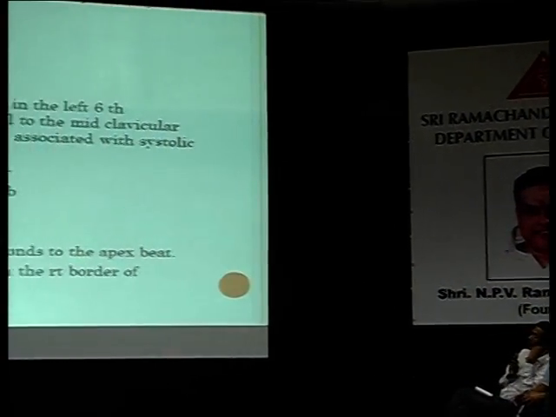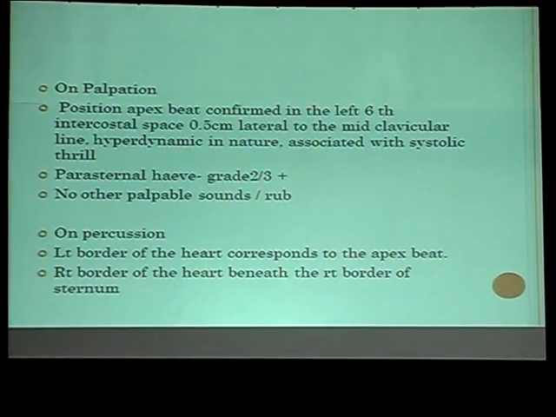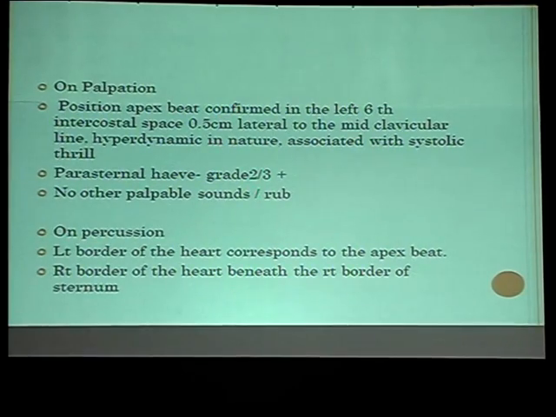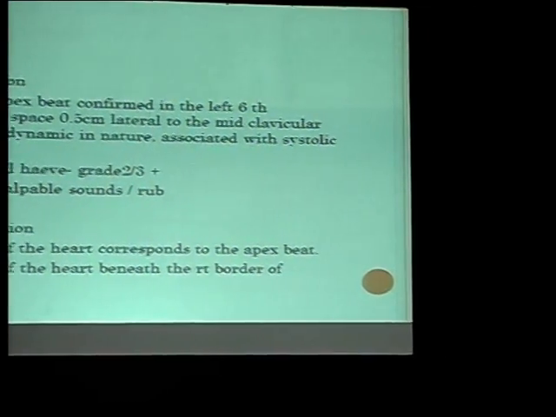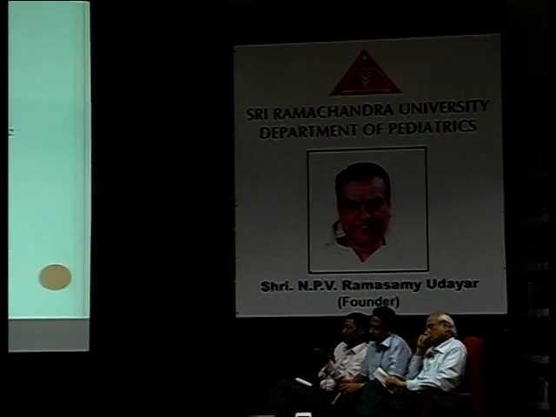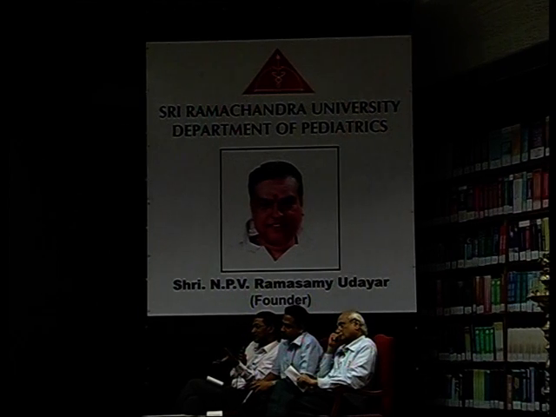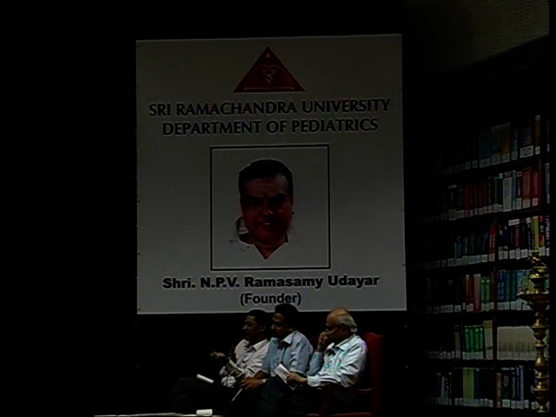What all could give this parasternal heave or lift? Right ventricular hypertrophy is one. What else? Tricuspid regurgitation. No, that causes right atrial enlargement. Left atrial enlargement, if it's pulsating, or it could be a severe mitral regurgitation.